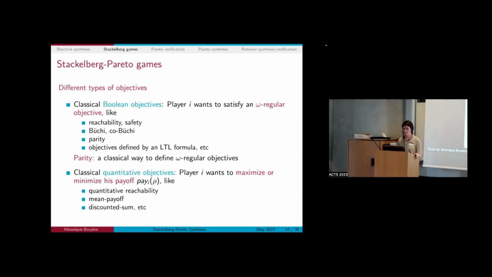And here, when we have a play, we have a payoff associated with this play, and the player would like to maximize or minimize this payoff. An example is, for instance, quantitative reachability. You want to reach as quickly as possible certain vertices in the game. It can also be classical quantitative payoffs like mean payoff or discount.